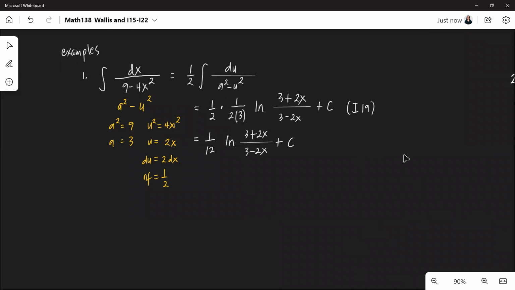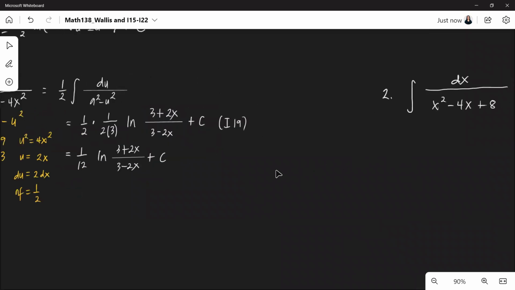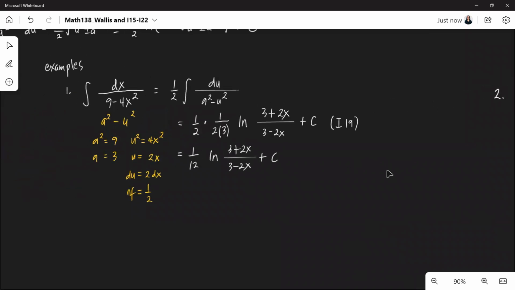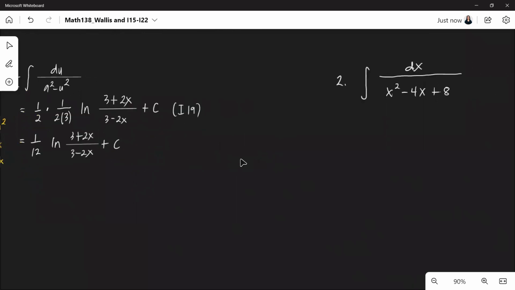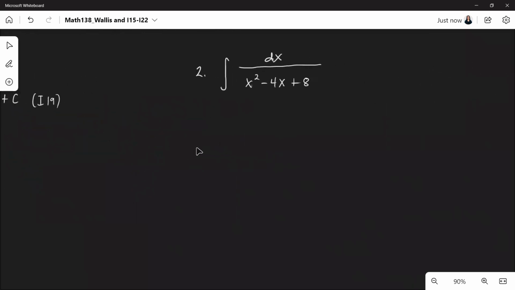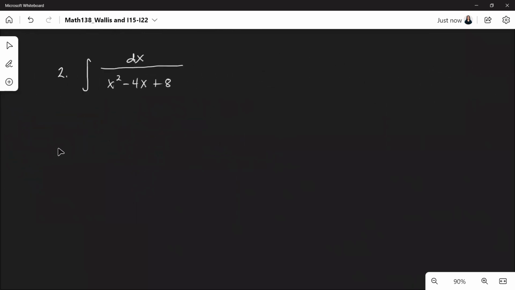All right. So second example is, if we have the integral of x over x squared minus 4x plus 8. It's not a difference of two squares or sum of two squares. There are three terms. We cannot use I1 to I14 because if we let u be equal to x squared minus 4x plus 8, then du would be 2x minus 4.